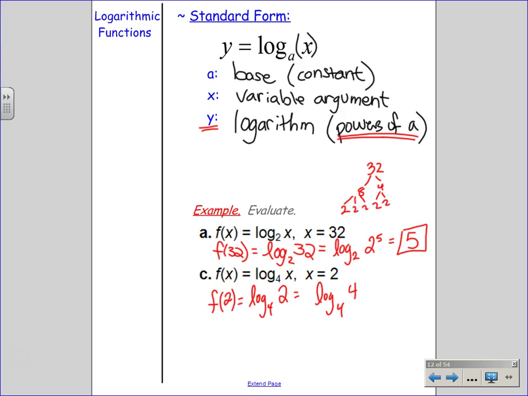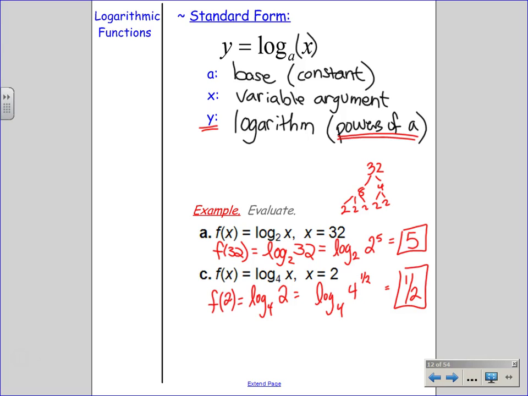What's log base 4 of 2? And then let's try to work backwards and say, what power of 4 is 2? What do you guys get? Log base 4 of 2. 1/2? How does that make sense? If that's a half, then that has to be a half.